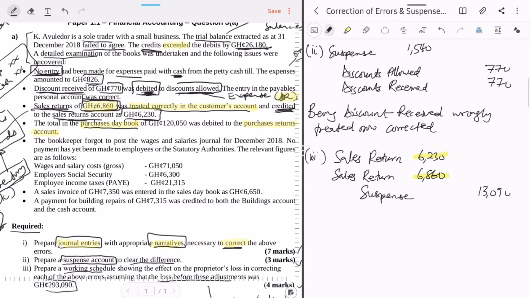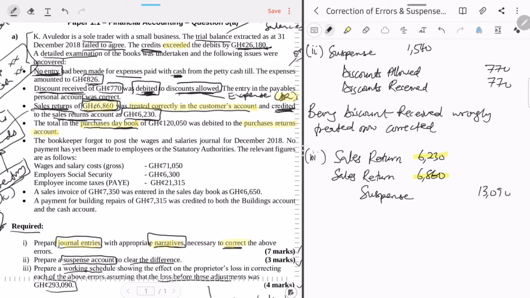It's just a book in which you list transactions. When you are done listing, then you post all the transactions properly. Now you sum them up, then you take the total to the appropriate account using double entry. So the day book itself doesn't follow double entry, but the sum is what follows double entry.